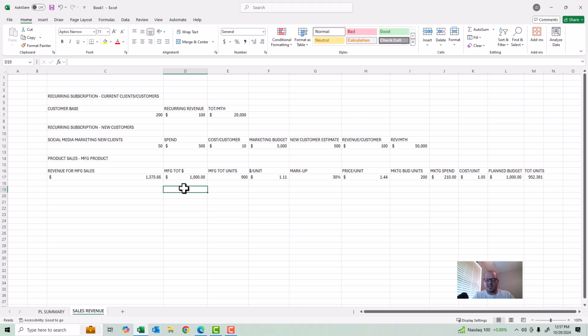So I'm going to say, my Q1, so January, February, March, is going to be this original price per unit, okay? My Q2, let's say we want to put in a growth rate of 5%.